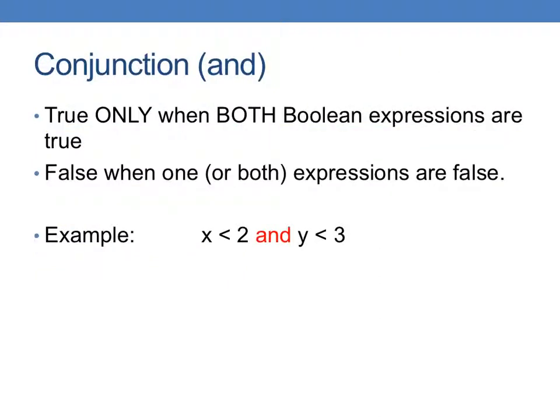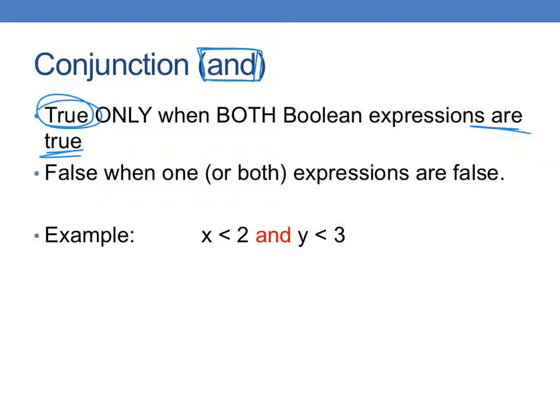So the first type of complex Boolean statement that we're going to look at is called a conjunction. And typically, this uses the word and. So a conjunction basically says that this needs to be true, and this needs to be true, and this needs to be true. And as a result, it's only true when all of its simple Boolean expressions are also true.